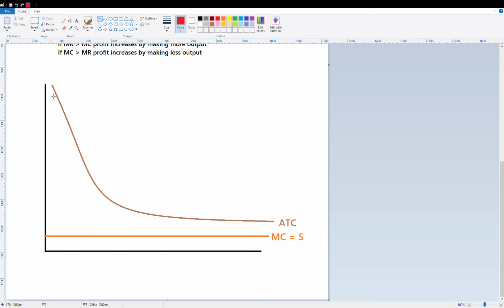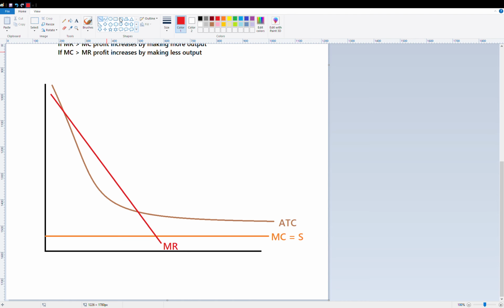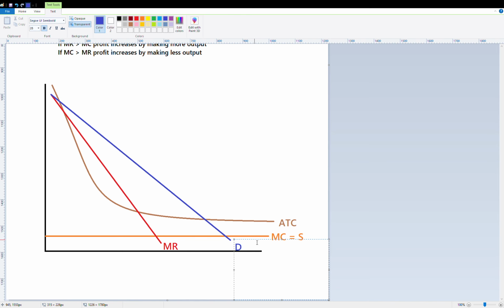So there's the MR and the demand curve, MR and D.